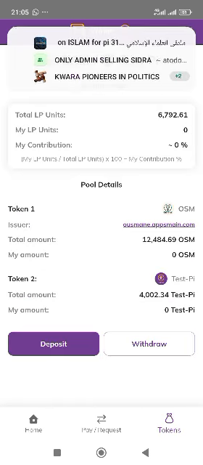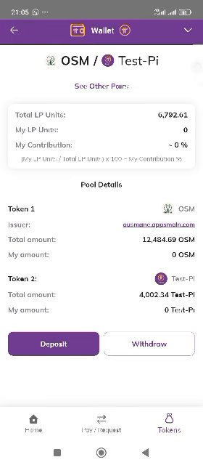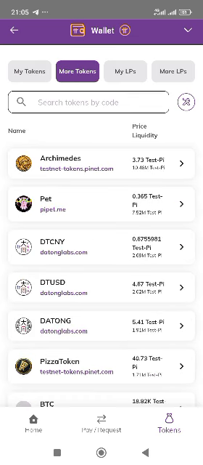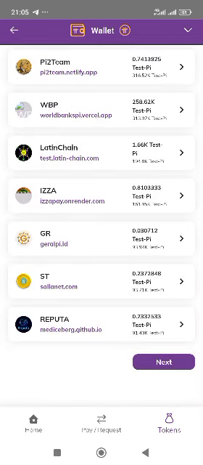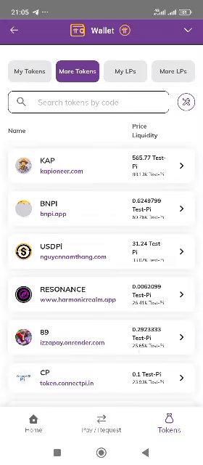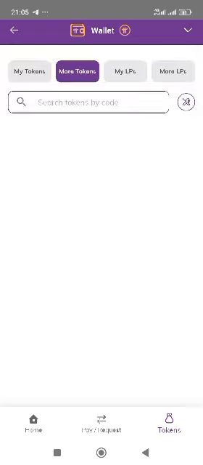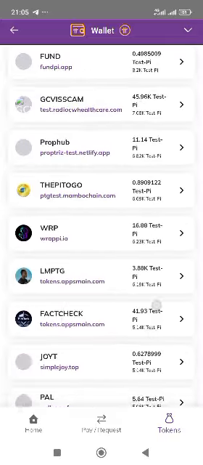Do you understand? And to have this coin, I need to go back. What is the name of the coin again? OSM. So I need to go back, come to my more tokens. More tokens means all tokens are there. That is when I will be looking for the OSM coin.